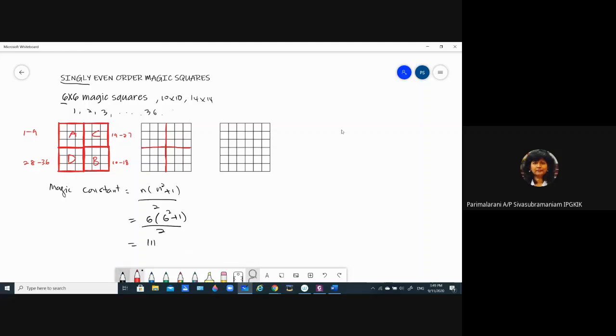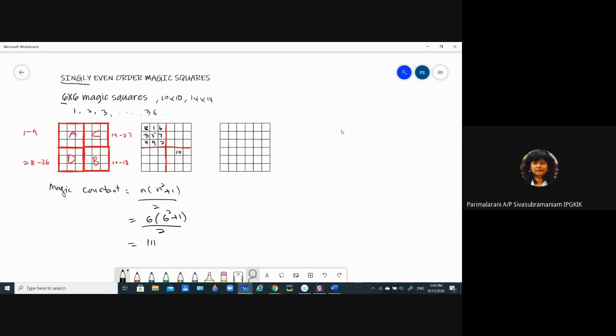So let's fill in 1 to 9 in the first section: 1, 2, 3, 4, 5, 6, 7, 8, 9. Correct? Now let's fill in B, 10 till 18. We start in the center here.